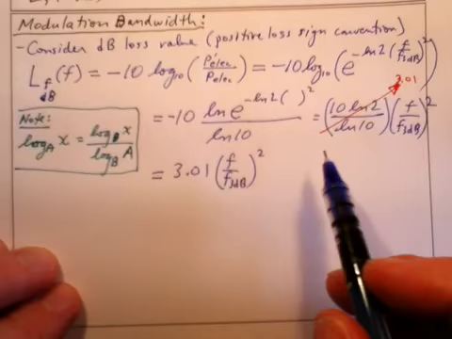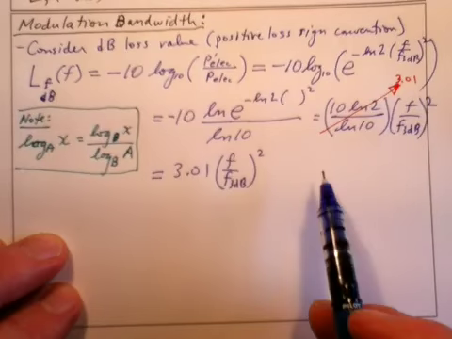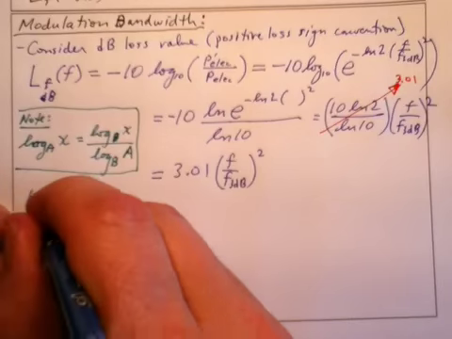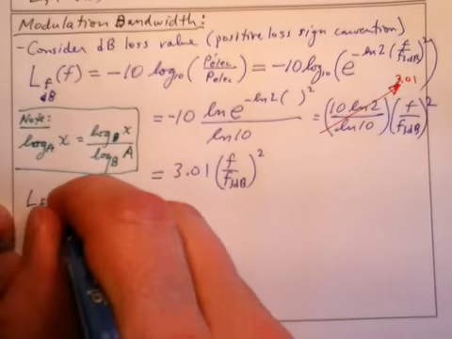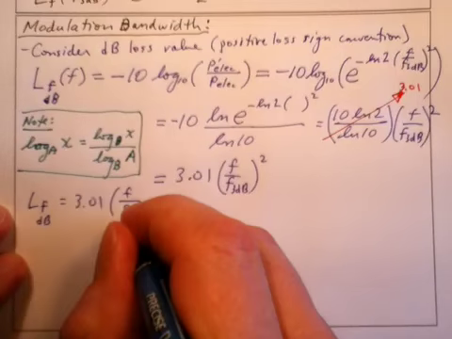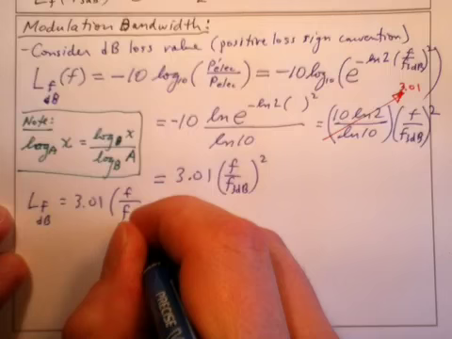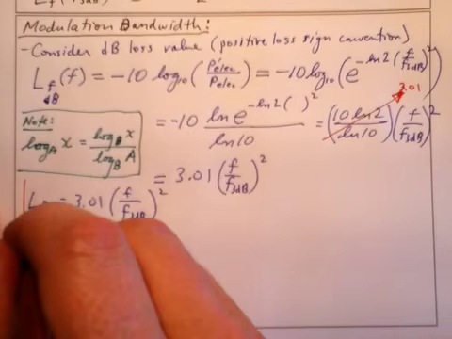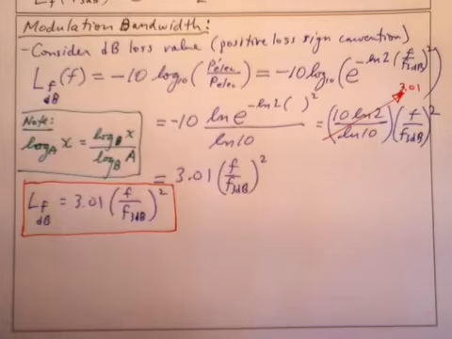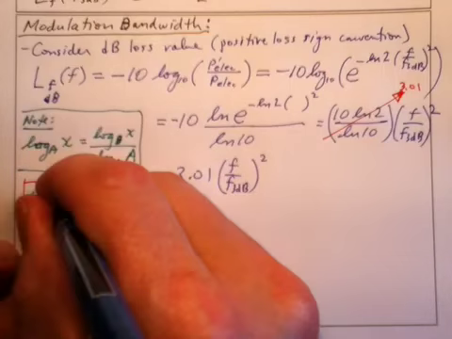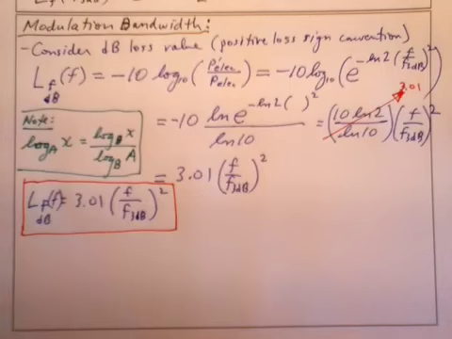And what I'll do then is rewrite that finally. And this is our equation. LF in dB units is equal to 3.01 f over f 3 dB quantity squared. And I'll put a circle around that one.